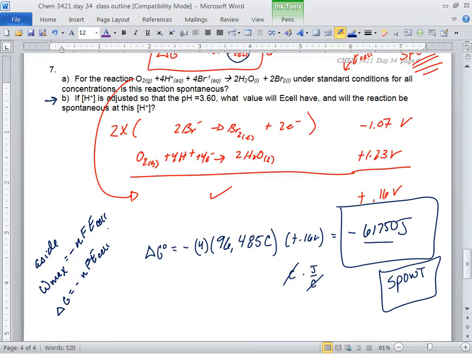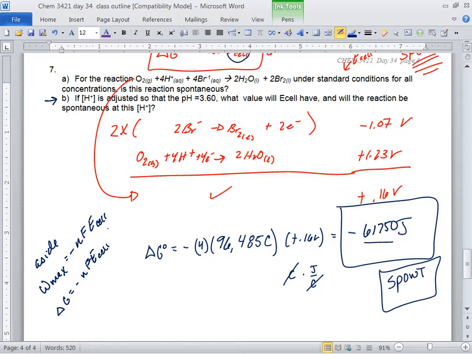Now for W max, it's a whole different scenario. W is work. Can you do different degrees of work? If you have a battery that has different amounts of chemicals in there, it could supply different amounts of work. You could have more reactants, so it could do much more work. It'll last a lot longer than if it had less reactants.